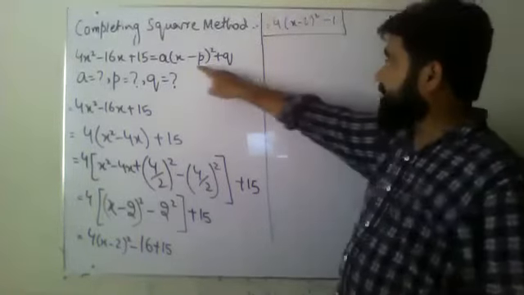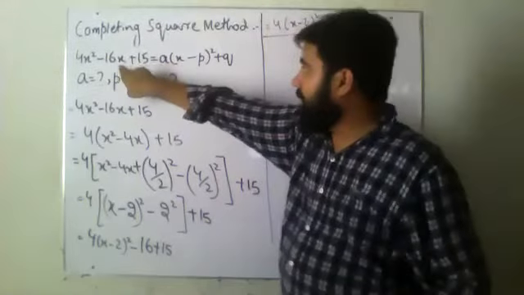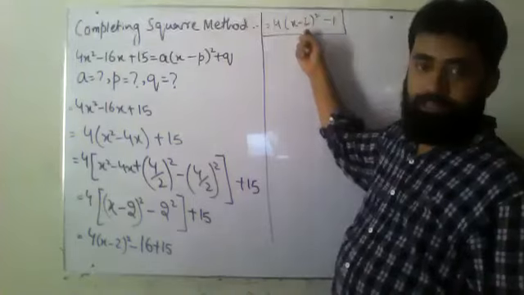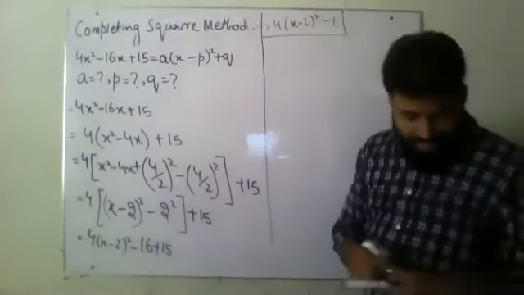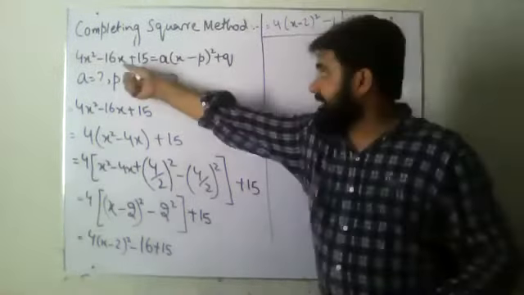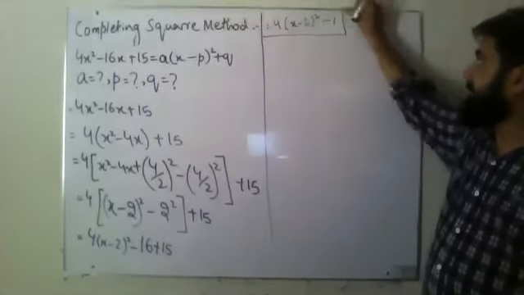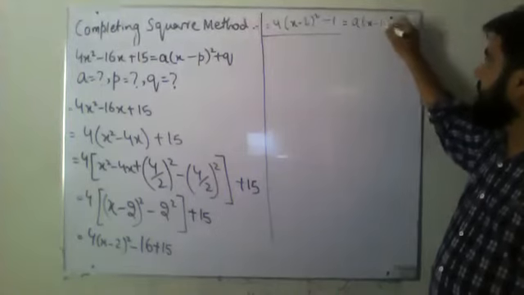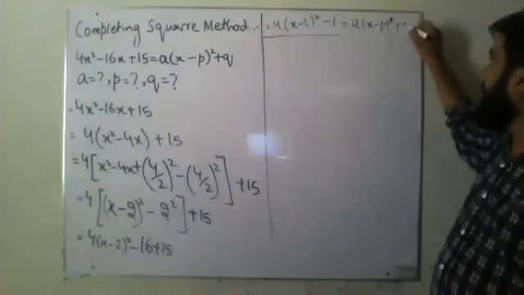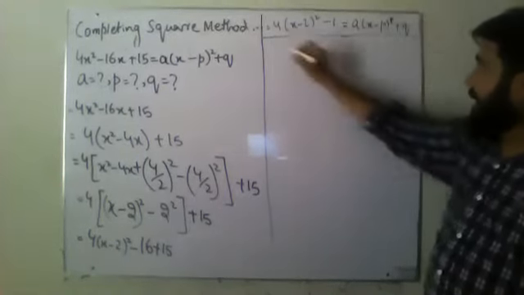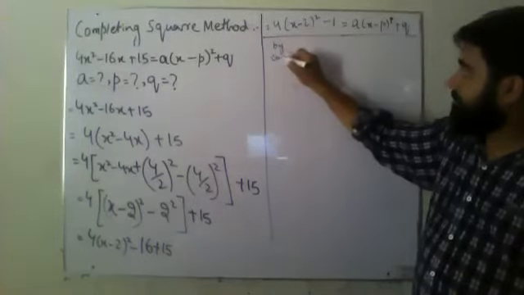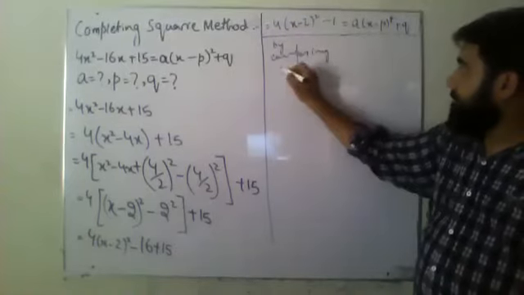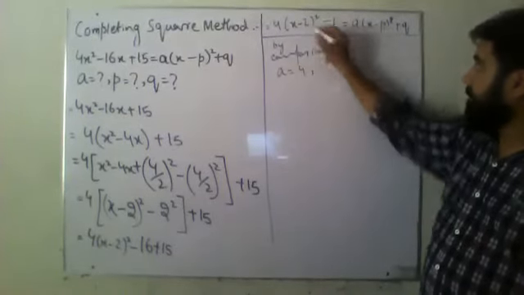Now this thing which was equals to this is written like this, and again it is equals to a(x minus p) whole square plus q. So by comparing, my a will become 4.